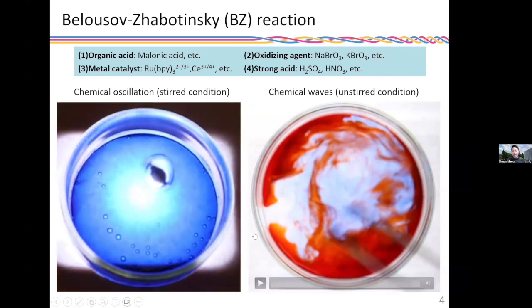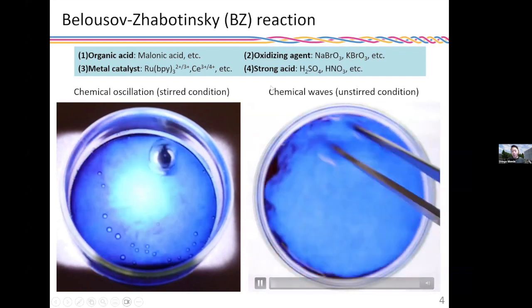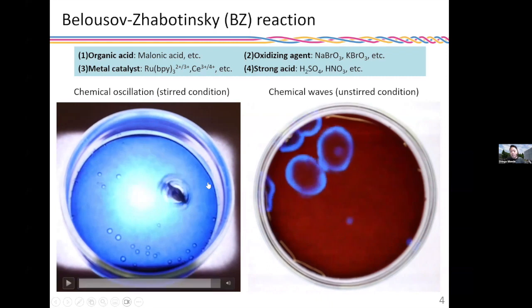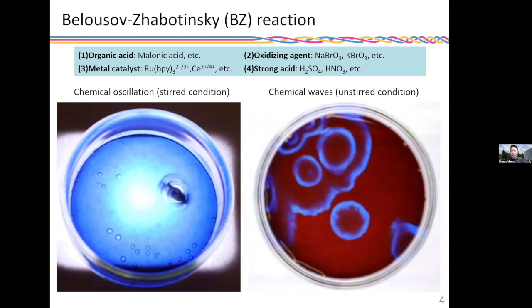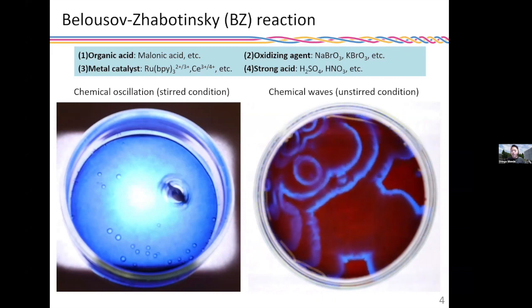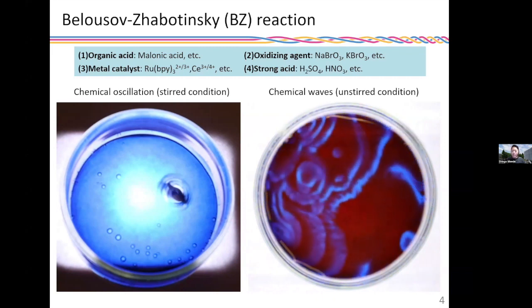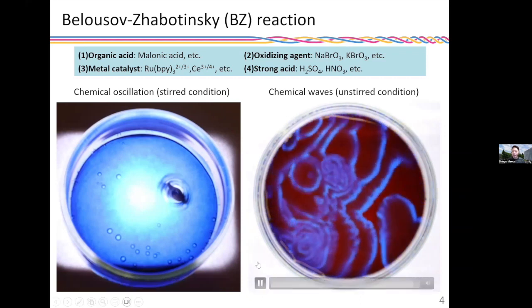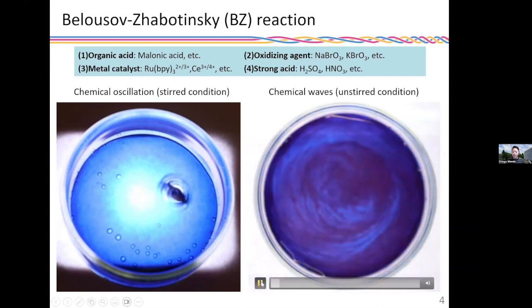And this is the other aspect of these reactions. You can see chemical waves, something like this. This is a kind of reaction-diffusion system. The situation is unstirred conditions, and you can see chemical patterns like this. So this is just chemicals.